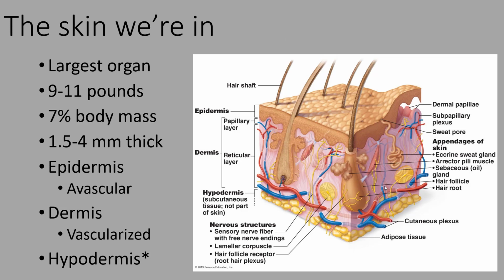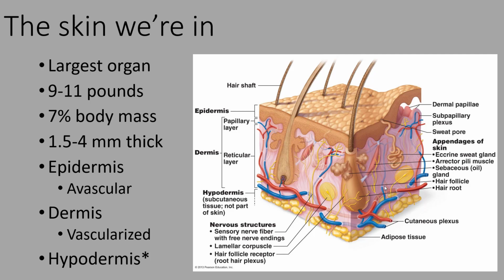So let's talk about the skin. The skin is the most easily seen part of the body, obviously. So it's the most easily seen system of the body. The skin and all the things associated with it is a system. And something that we might not often think about is the skin itself is an organ.